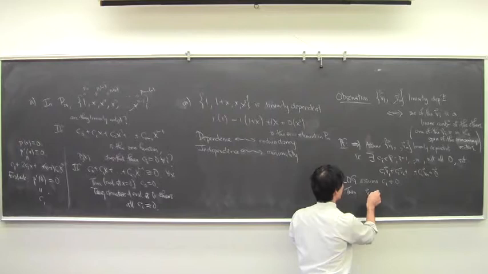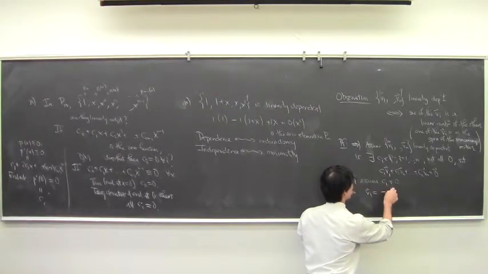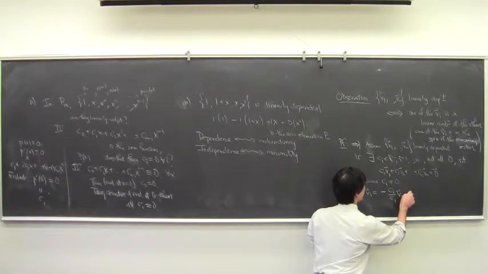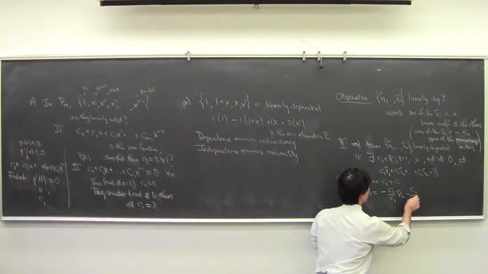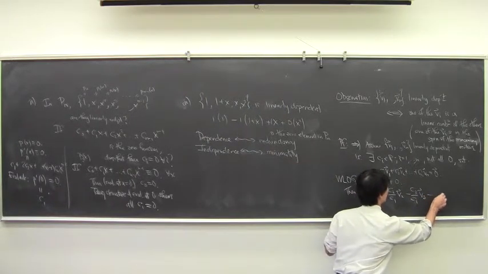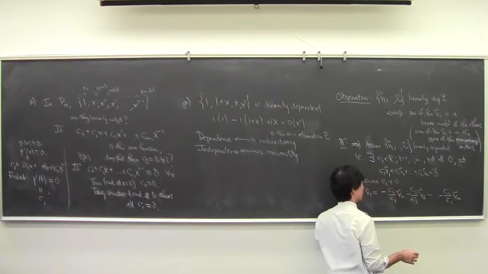Then V1 is equal to negative C2 over C1 V2, minus C3 over C1 V3, and so on, minus Cn over C1 Vn. The end.